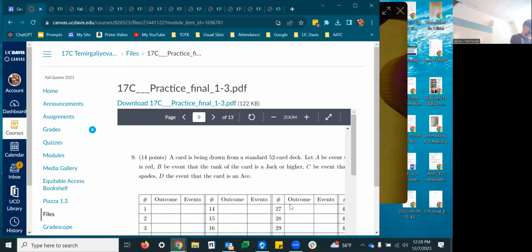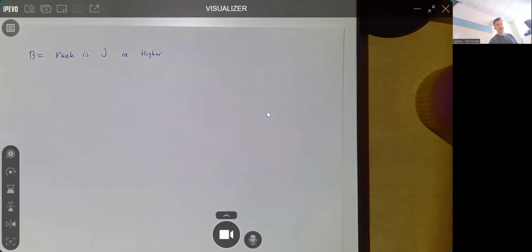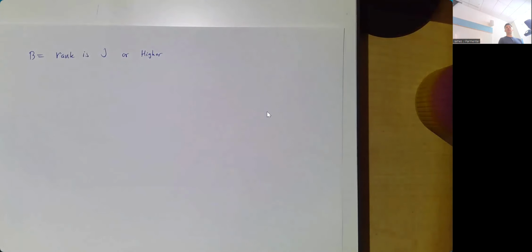Let's write down the probability. Apologies, you can't see what I'm writing. So how many ranks are there that are jack or higher? There's jack, queen, king, and yes, ace counts as high and low, so we're going to count it high because we can.